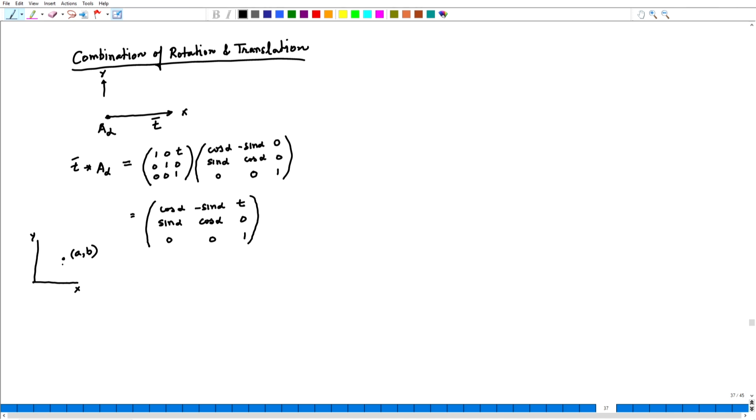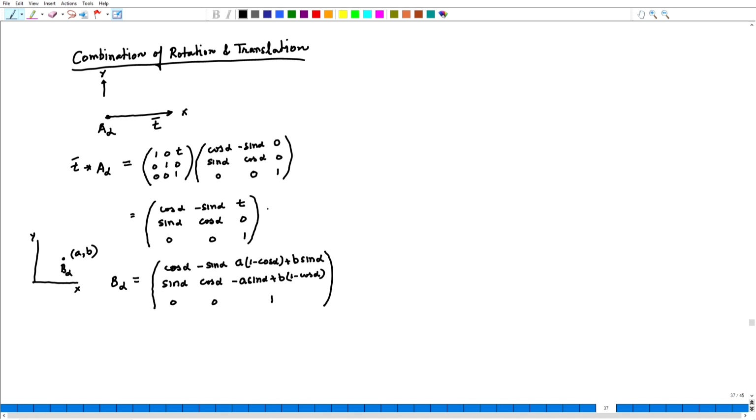Let me call this point B. If there is a rotation of alpha there, then B alpha, which we had derived in an earlier lecture, is cos alpha, minus sin alpha, A times 1 minus cos alpha plus B sin alpha, sin alpha, cos alpha, minus A sin alpha plus B times 1 minus cos alpha, and then 0 0 1.